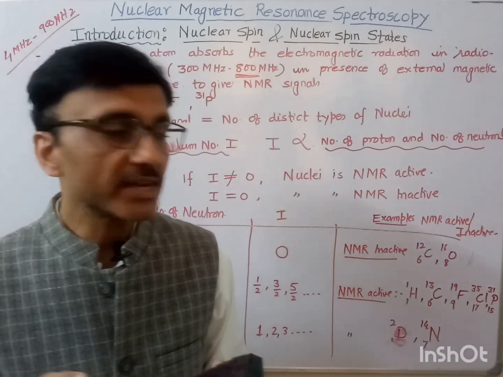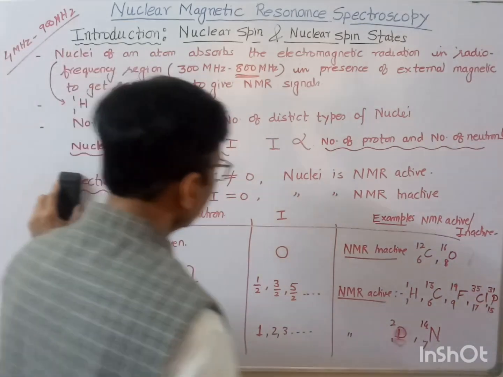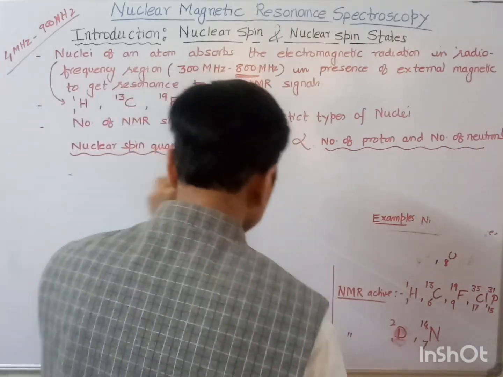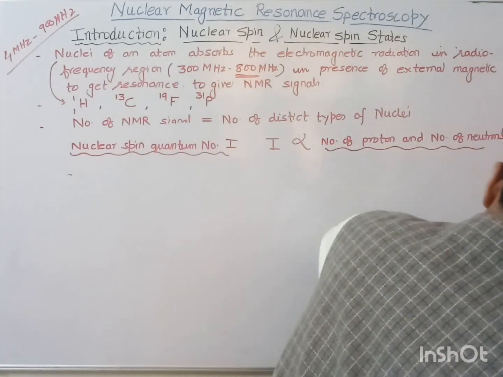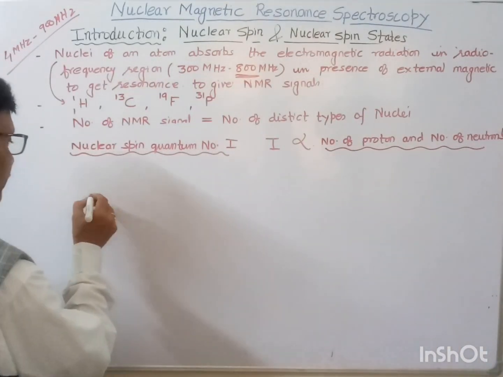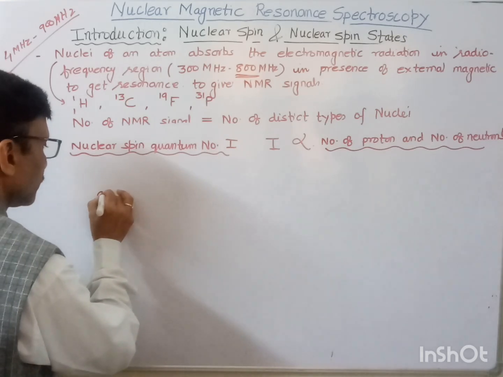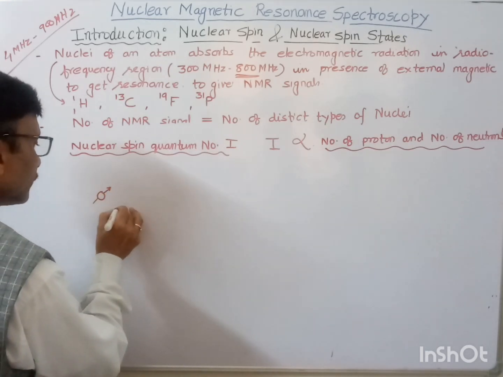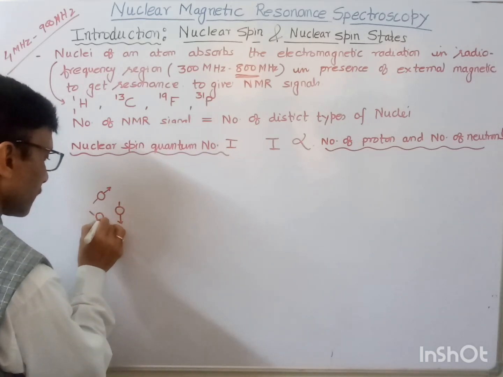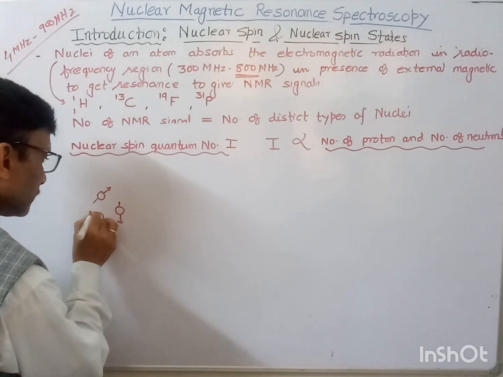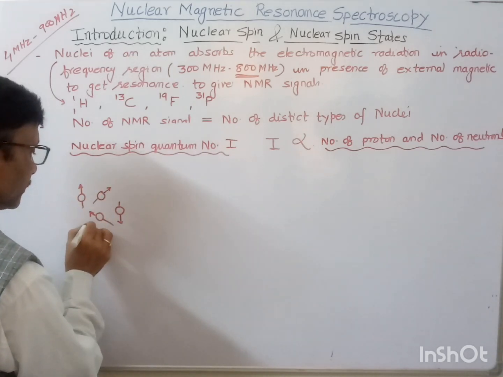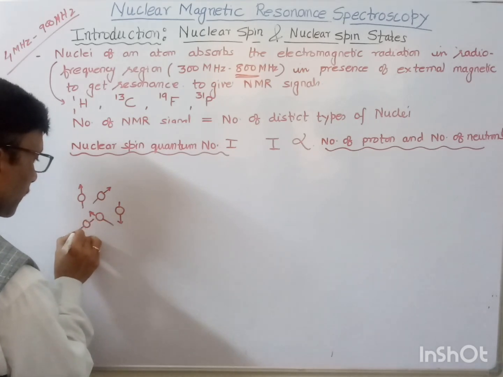Suppose we have no magnetic field, then some of the nuclei would be like this, some like this. They have different directions, random.